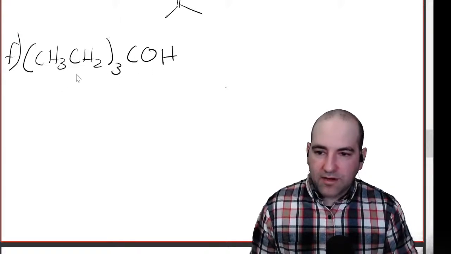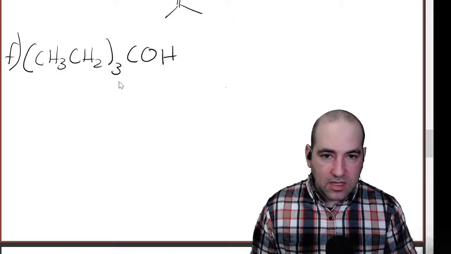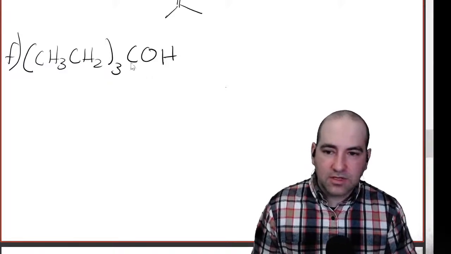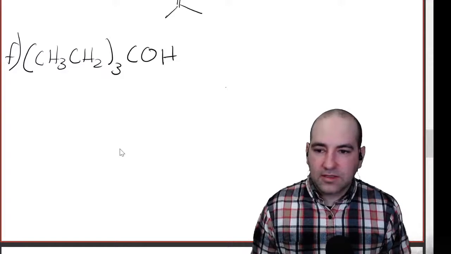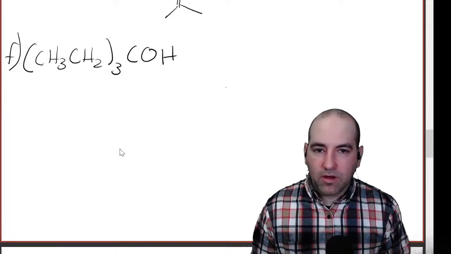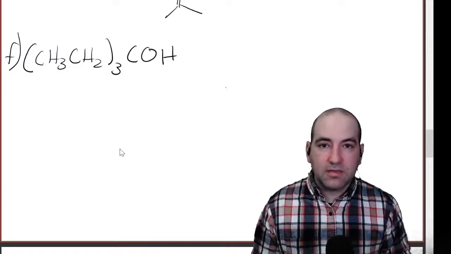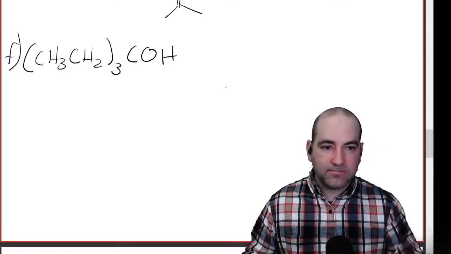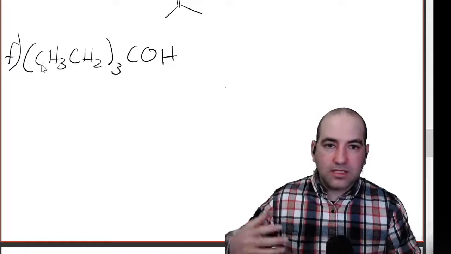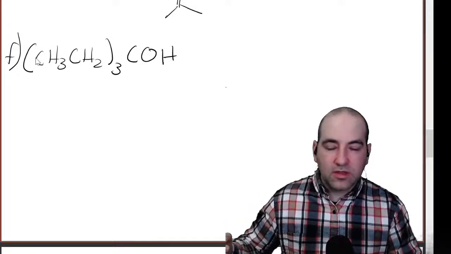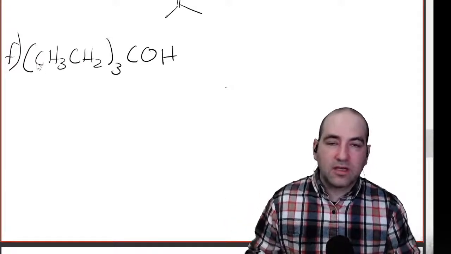How do we deal with this? We've got all this stuff in parentheses with a 3, so that's going to be taken 3 times, and then this C and OH. Now, when we're dealing with these parentheses, remember from our example above, it doesn't mean that those are connected next to each other, because we know that can't work. Any CH3 always has to be at an end, because if it's CH3, there's only one more spot on that carbon to get a bond.